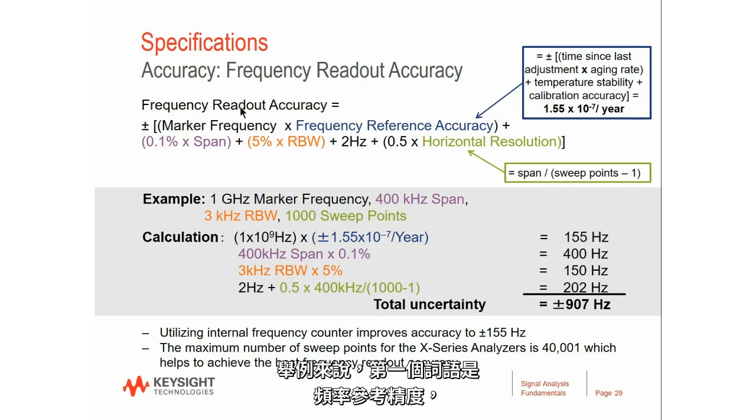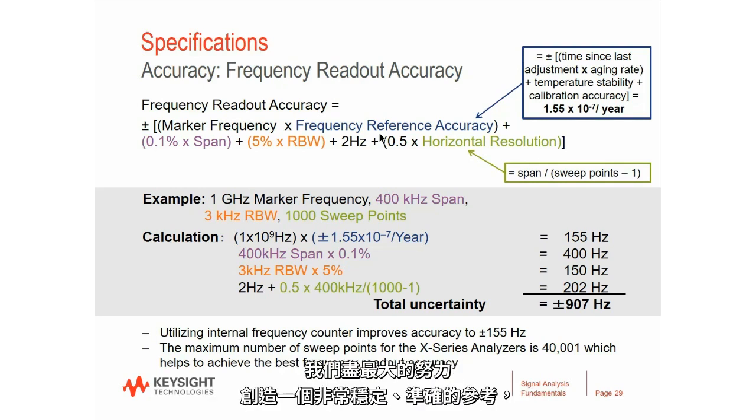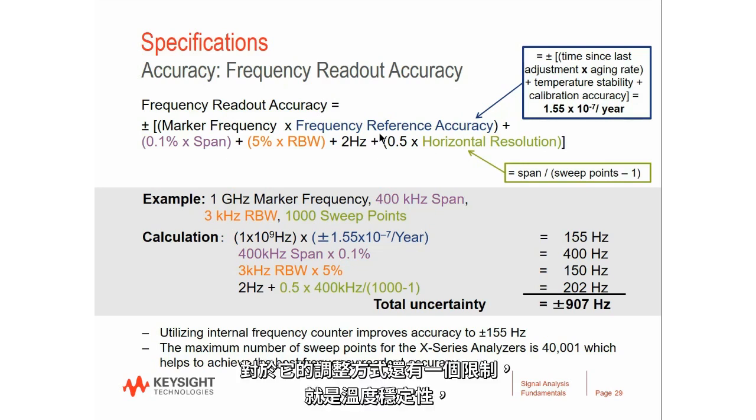So for example, the first term here is frequency reference accuracy. That basically reflects the time base, or the crystal oscillator from which all of our frequencies inside the analyzer are synthesized. We do the best job we can of creating a very stable, precise reference, but it's still going to drift with age. It has an aging factor to it. There's still a limit to how closely we can adjust it. There's going to be a temperature stability term to it as well.